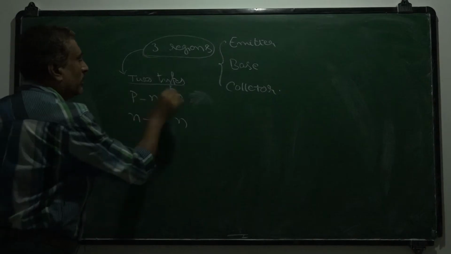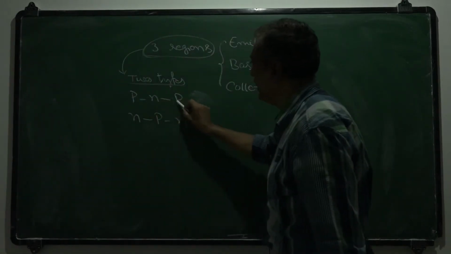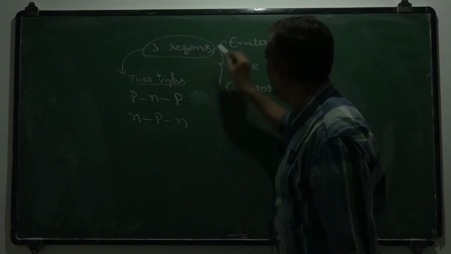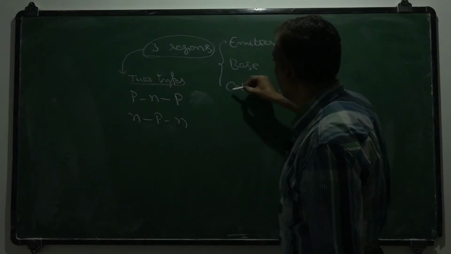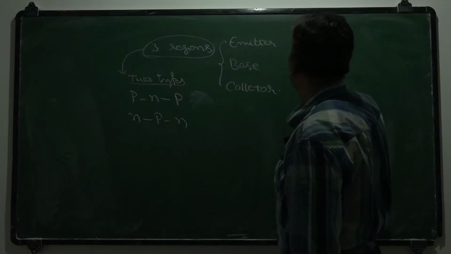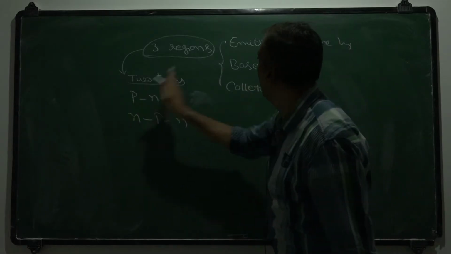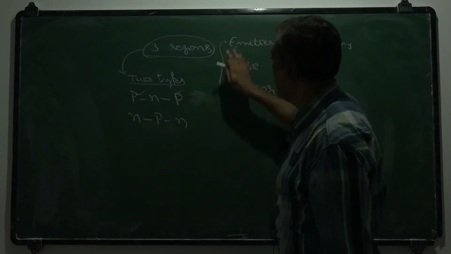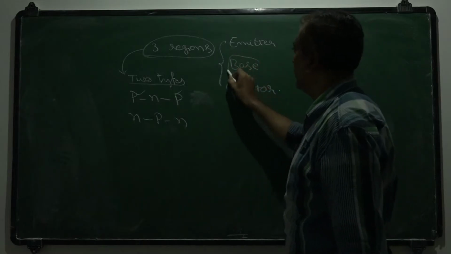Now in these three regions, PNP and NPN, the regions are emitter, base, collector. And the emitter and collector are of the same type of material. In the PNP case, emitter and collector are P type, and in the NPN case, emitter and collector are N type, and the base is the other region.